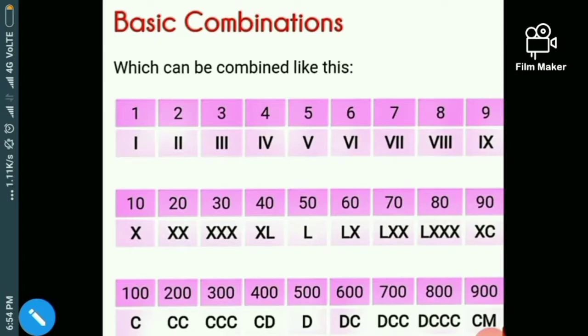If you want to write 9, I and X will be combined. 20 is two times X combined, 40 is XL, 60 is LX, 90 is XC, 200 is two times C combined, 400 is CD, 600 is DC, 900 is CM. So these are the combinations of the symbols you can see here.